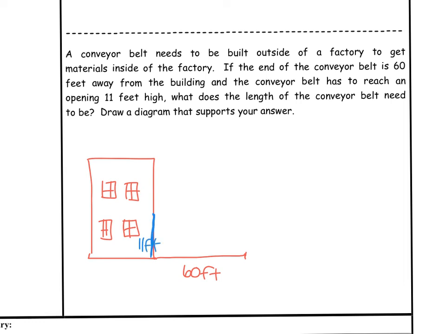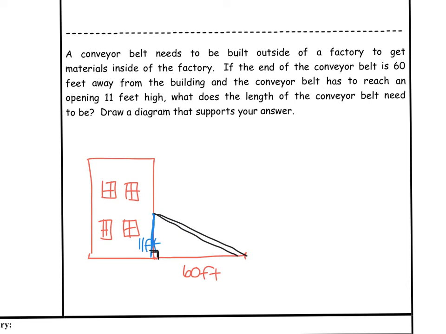So as I can see, this formed a right angle. So that means that I have my hypotenuse connecting those two things. It didn't go all the way out to the 60, but that's my fault. Maybe that will help. Okay, so now we have our conveyor belt drawn, and we want to find the length of the conveyor belt.